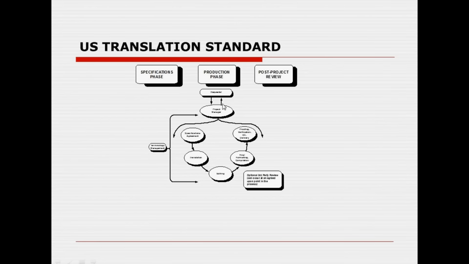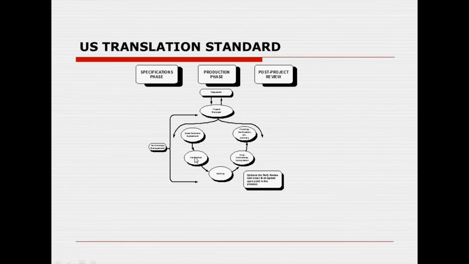There is a manager, and there is communication between the client and the translator or translation agency. The client provides the specification of the project, and once the understanding between both has been done, a contract is made, and once the contract is made, the production phase comes into picture. Even in the production phase, you have to see, number one, terminology, whether the client has specified it or given it to you, or you are going to prepare it.